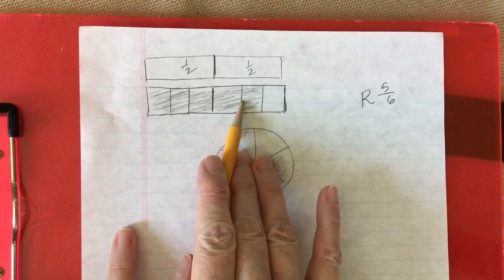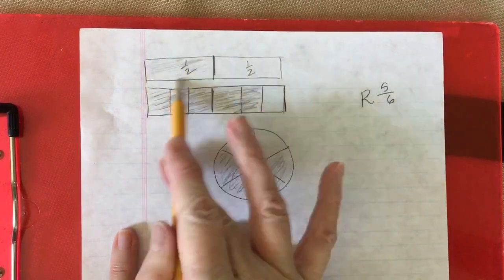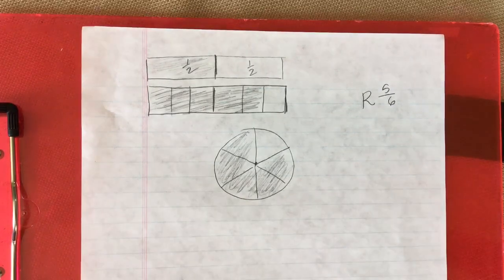Hopefully you're seeing that yes, indeed, he did paint more than half. He did. Now, they want you to explain your answer. So you're going to have to explain that 5/6 is greater than 1/2.